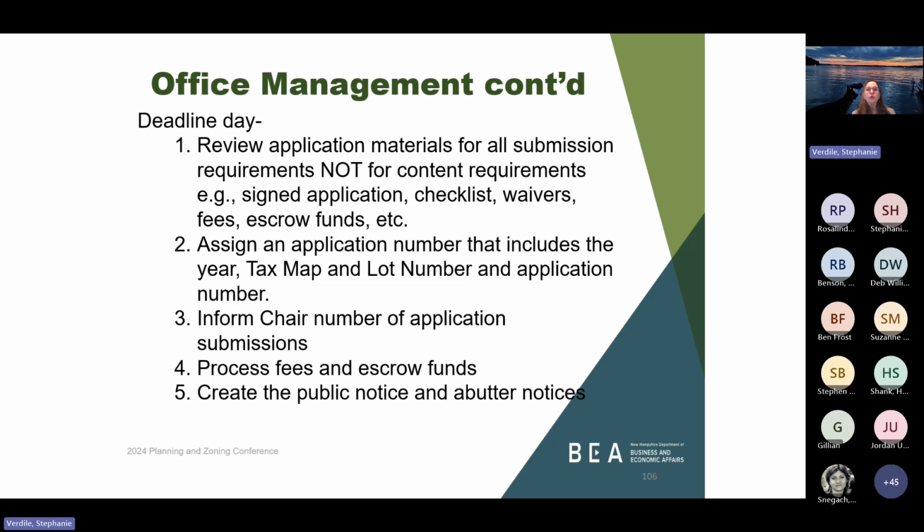At deadline day, you're looking at an application coming across the counter to see if all the requirements of your checklist have been met. Are there checks and fees? Is there escrow? Are there waivers? Are they signed? Are they correct? Is the application signed? Do I have enough copies of the plan? All of those types of things, that's what you're checking on deadline day. You are not looking at content.